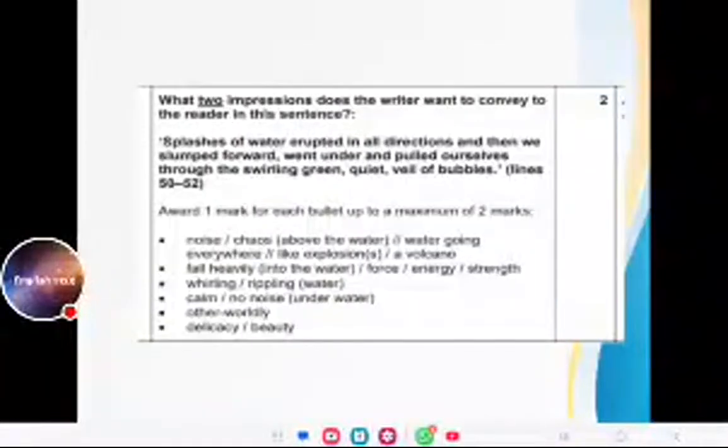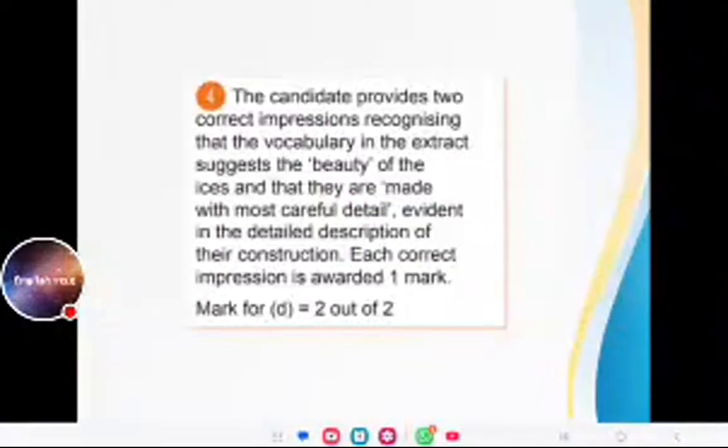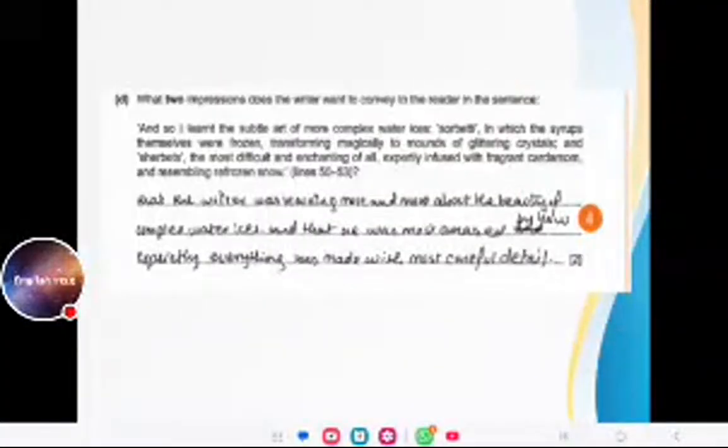So what is he trying to say in this sentence? The question is, if we were to choose impressions for ourselves here, the first thing is that he was learning, or he has learned, more complex things.